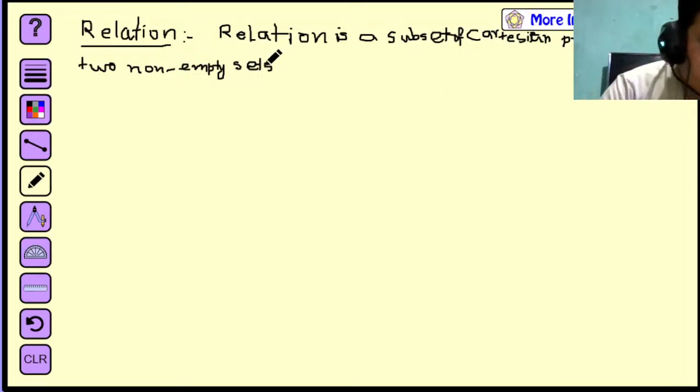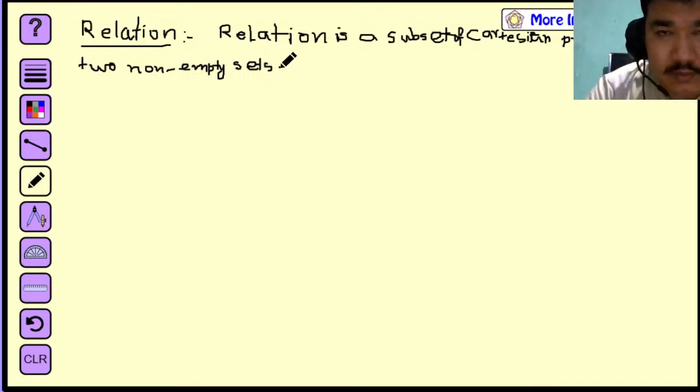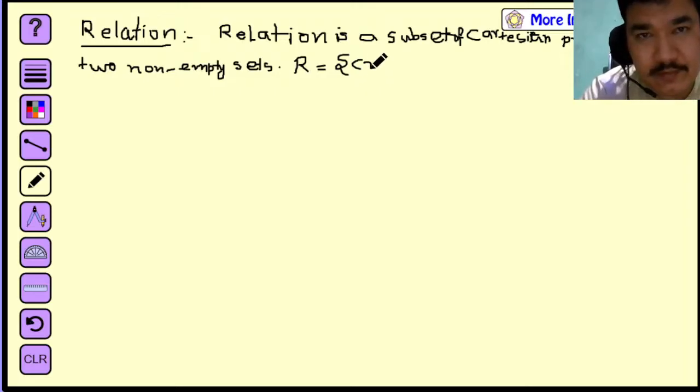Now I'm going to show you in symbols. Relation is the set of ordered pairs. This ordered pair is taken here as (x, y), x comma y.